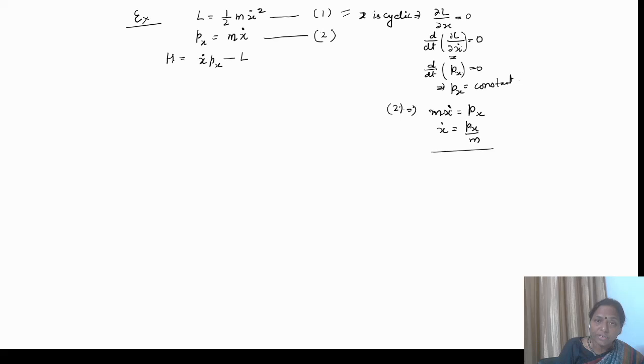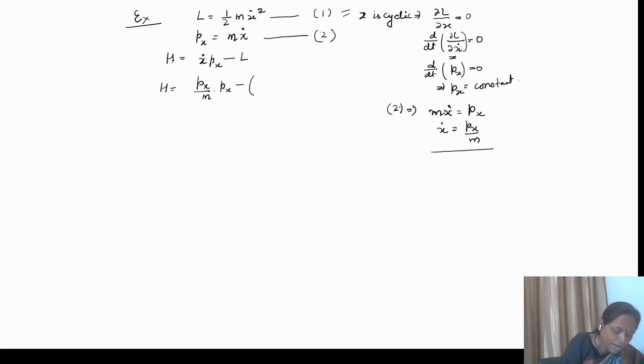Why have I tried to find x dot? Because when I am going to define my H, in that H there should not be any term containing velocity components. H will contain only generalized coordinates and generalized momenta. So I have to eliminate x dot whenever it is present in H. Now what is H? H is x dot px minus L. What is x dot? x dot is px upon m, and px is already here.